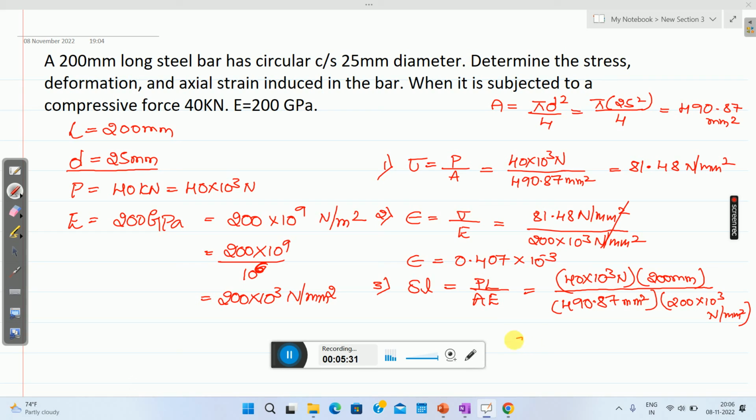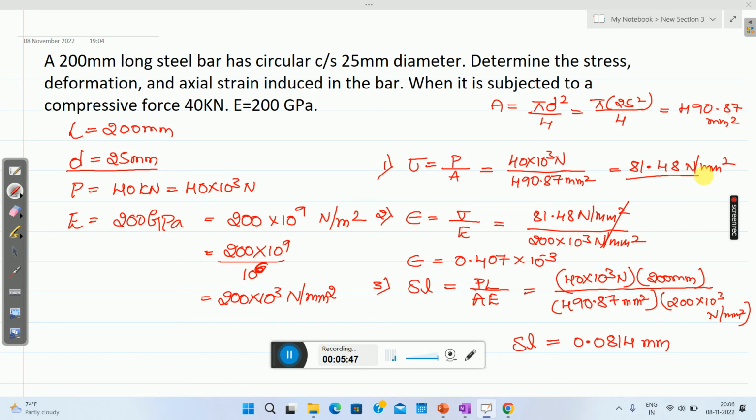So if you simplify this, you will get elongation delta L as 0.0814 millimeters.